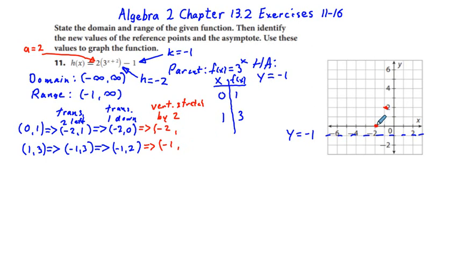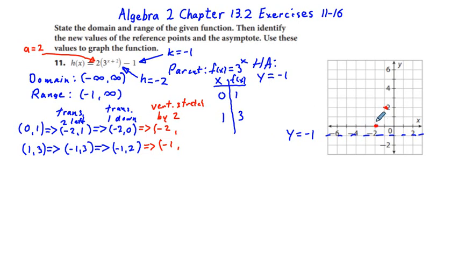And so we go back over to the graph, and this first reference point at x equals -2 lies 1 unit above the horizontal asymptote of y equals -1. And stretching by a factor of 2, we need to find ourselves twice the distance.